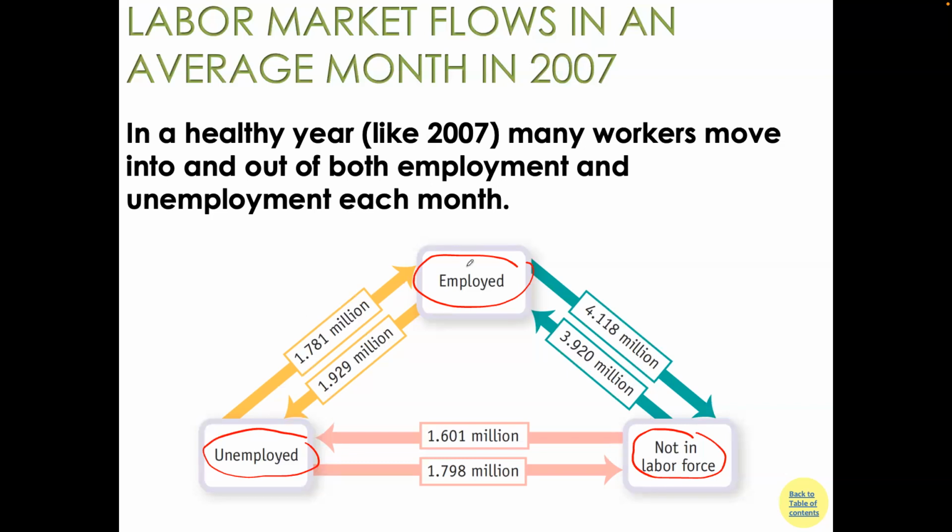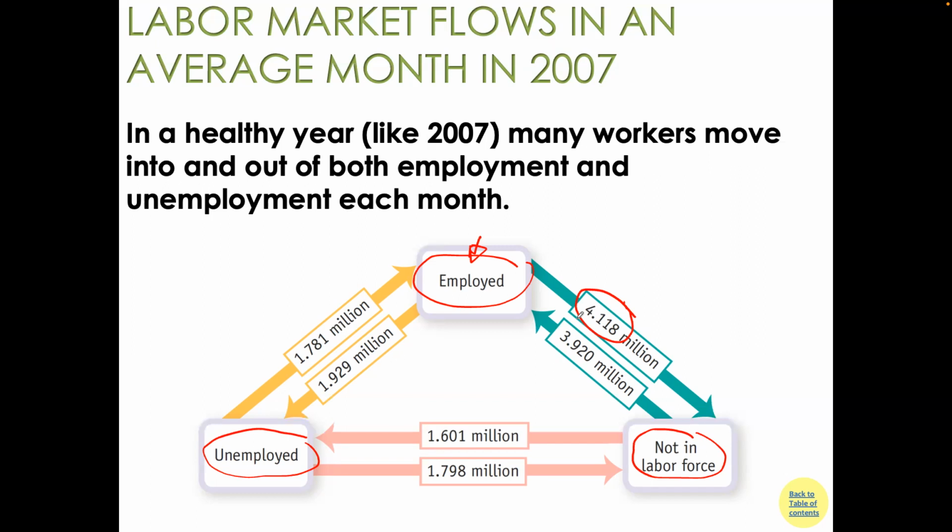Let's start with here, someone employed. Every year, many people move from employed to not in labor force, more than 4 million. Who are they? Who move from employed to not in labor force? Who are the majority? People retire. Excellent, thank you. Those are the majority.